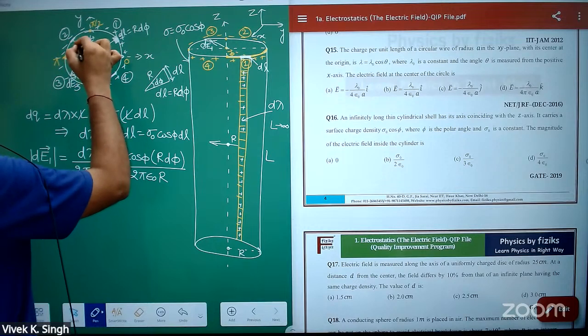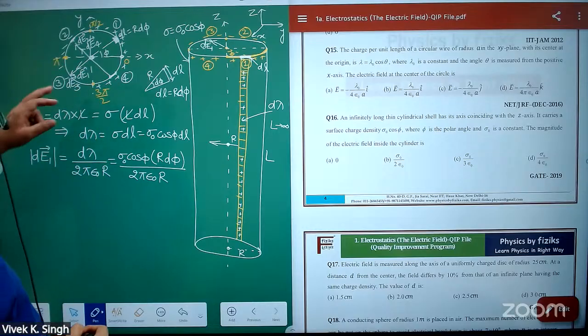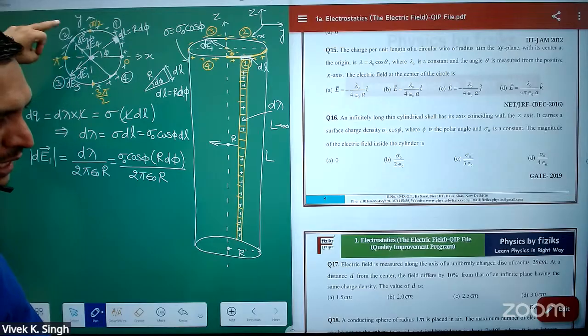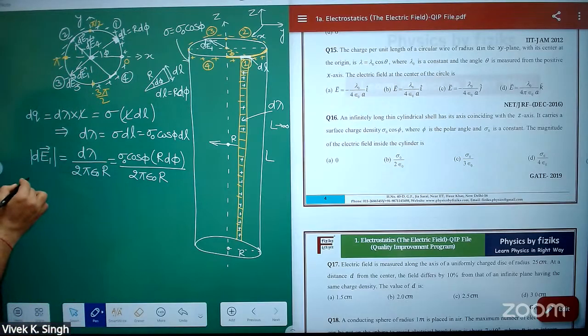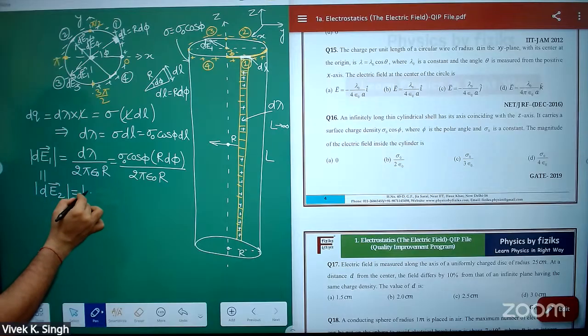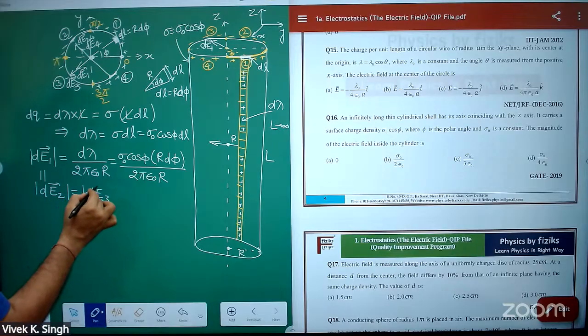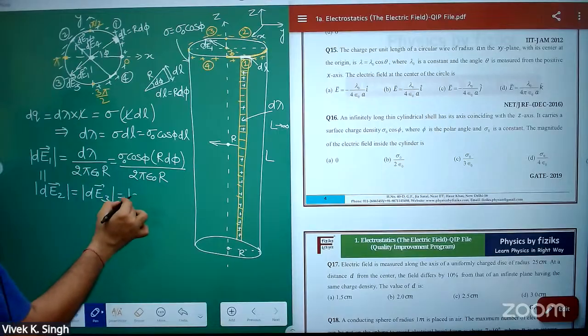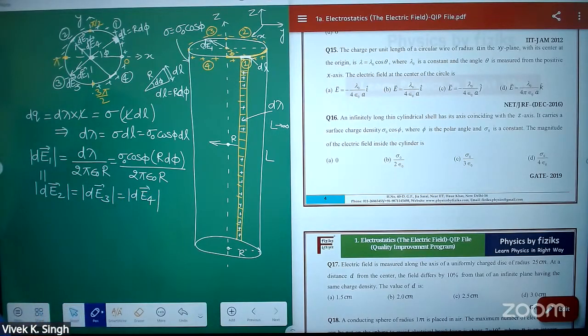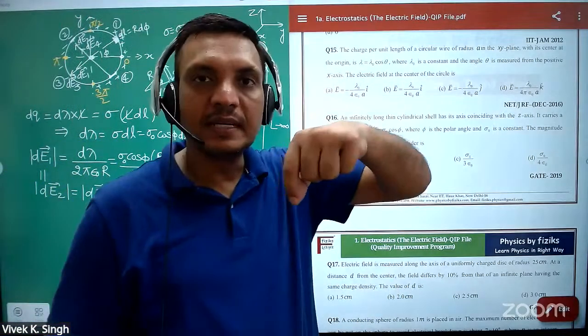So dE2 and dE4 are in the same direction. And the magnitude of each segment is the same. So you have considered all the segments.